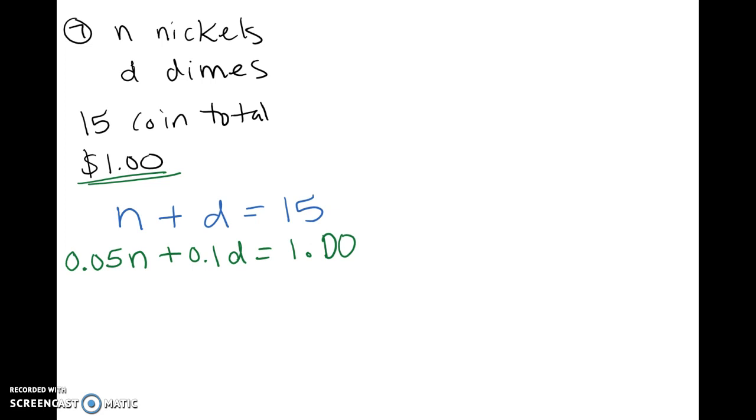Do you guys want to solve this by substitution or elimination? Elimination, you want to multiply, so what do you want to multiply by? 0.05 or 0.1? 0.1? Okay. So I'm going to multiply this equation by, and I have to do a negative 0.1 in order to get opposite signs, right? I need a negative here since there's a positive here.